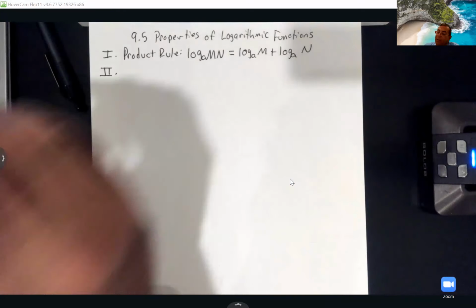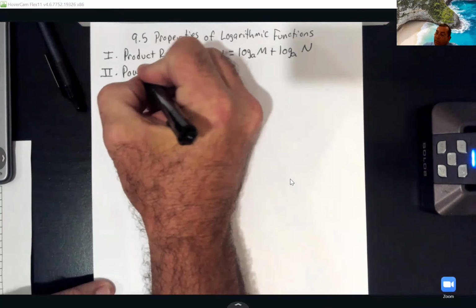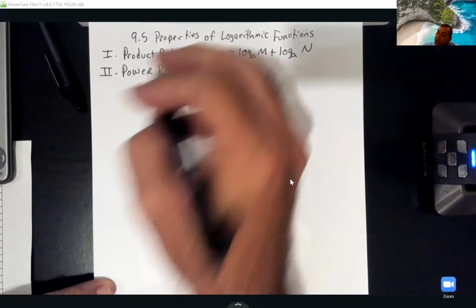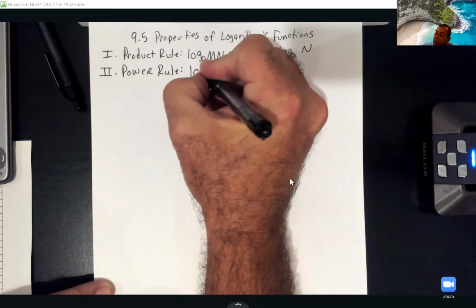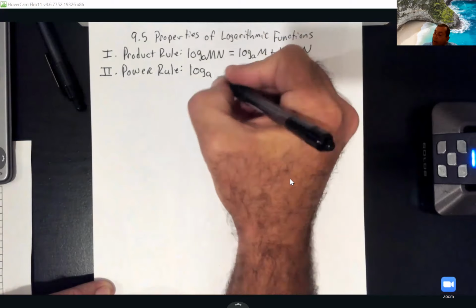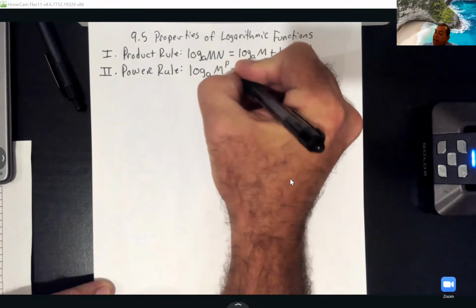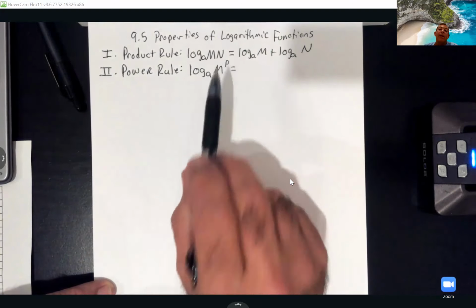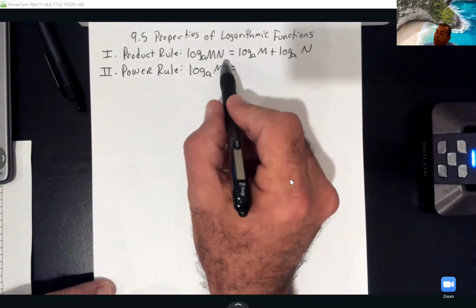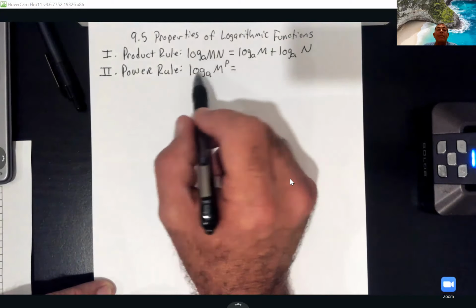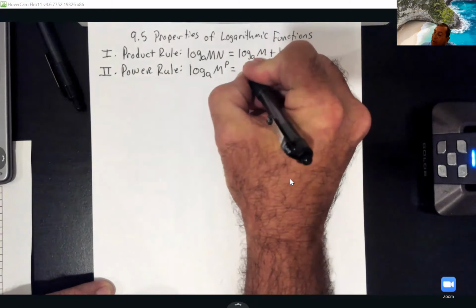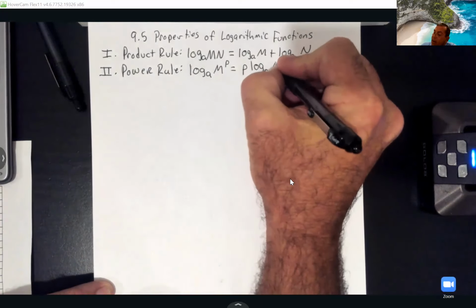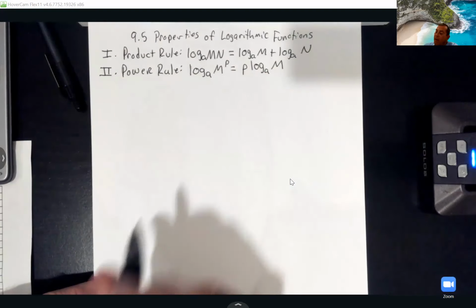And y'all, the second one is the power rule. So the power rule says if I got a log base A of M to the P exponent, so I'm raising M to the P exponent, the power rule tells me to bring that P down to the front and write it as a product so that you get P times the log base A of M. Okay, so that's the main thing.